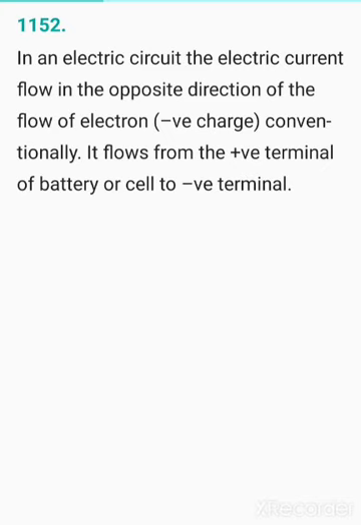So there are two types of direction: conventional direction of current and electronic direction of current. In the electronic direction, the direction is from negative to positive, and the conventional direction of electric current is always from positive to negative terminal.